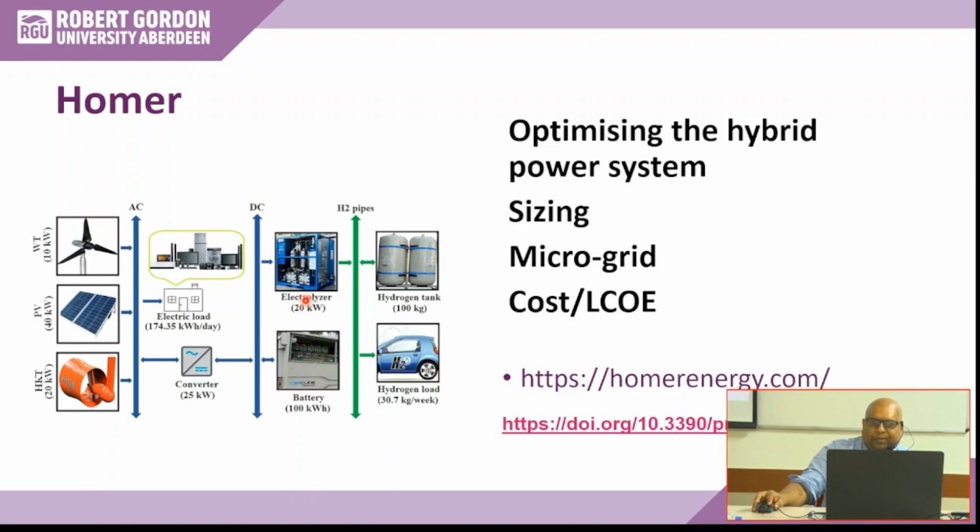You talked about the electrolyzer. I talked about hydrogen generation as a medium of storage, hydrogen pipeline, hydrogen storage tank, hydrogen load. So the whole system integration can be simulated within this software. If you want to do it individually, you have to learn the power output of this, power output of this.